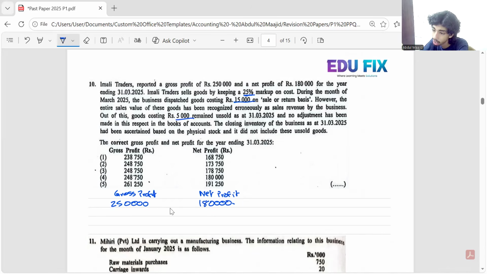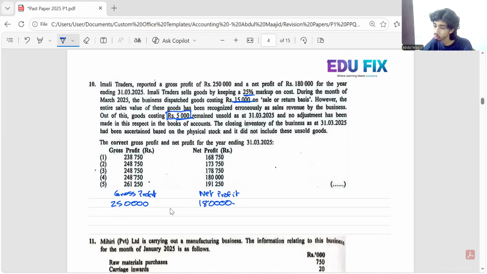We have recorded our entire goods that we sent on sale or return basis as a sale. And now here 5,000 worth of goods have not been sold. So what you have to do, you have to add this to our closing stock. Closing stock is certain based on physical stock count. You have to add this to our closing stock, and the sales value you have to deduct from sale.